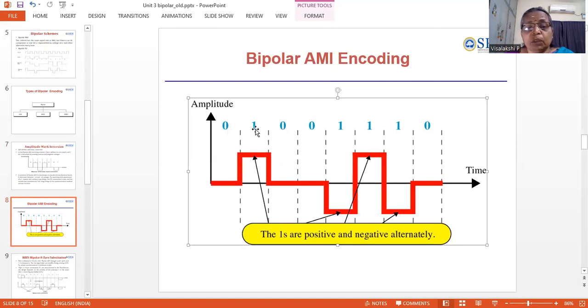So the first 1 will be the maximum, that is a positive value, and the consecutive zeros will be represented as no change, and then the next 1 is represented by negative, and the next consecutive 1 is represented by positive. Likewise it goes. So the bipolar AMI encoding keeps the low level zero constant for representation, and the 1 position is taken positive and negative alternately.